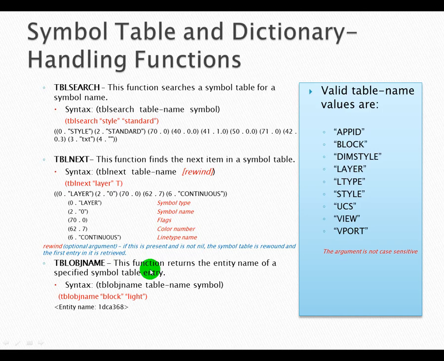So we search for the block, and then the block name here, the light block name. If it is found, it just returns the entity name. The difference between TBLSEARCH and TBLOBJNAME is that TBLOBJNAME just returns the entity name while TBLSEARCH returns the list.